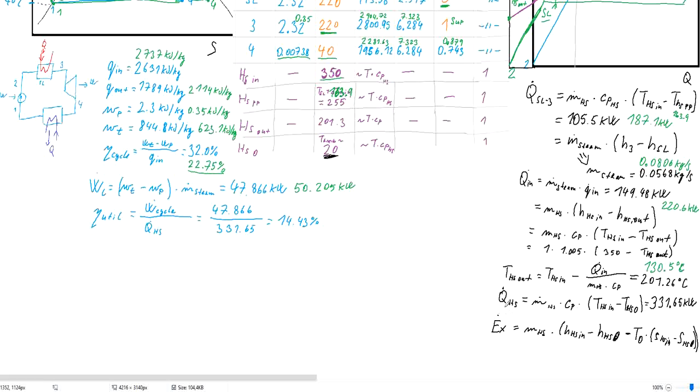Now the overall energy content or heat content in the heat source stays the same. Nothing changes to the ambient, nothing changes to the input. So we can calculate the utilization efficiency, which instead of 14.4 will be 15.14%.